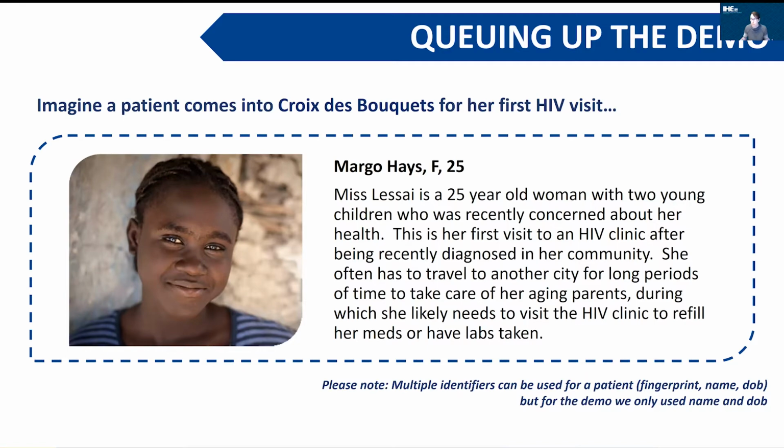Community health workers often go out into the villages or the towns and do rapid testing and diagnose people, and then refer them into a clinic. And so she was referred to the HIV clinic, and this is the first time she's coming to that clinic. She also finds that she has to travel to another city to take care of her aging parents. And so she needs some way to make sure that she can have continuous care regardless of where she's at.